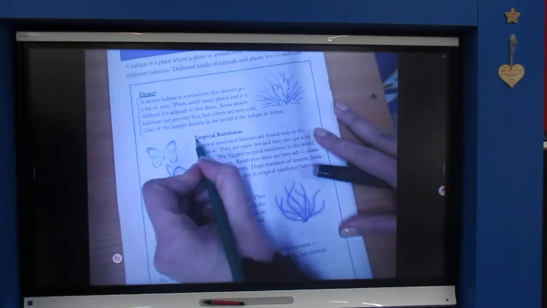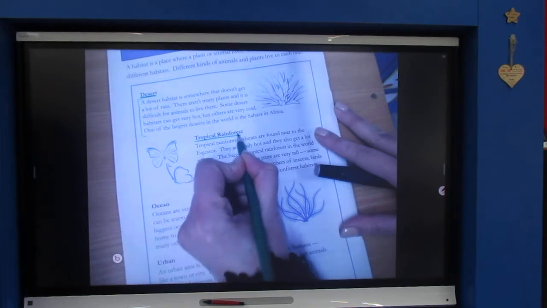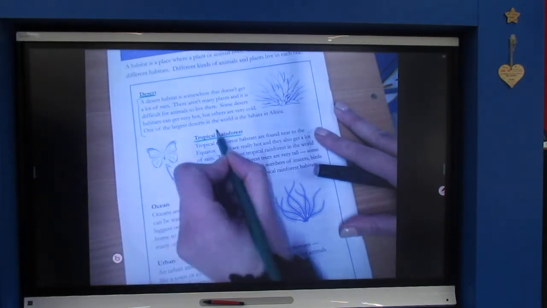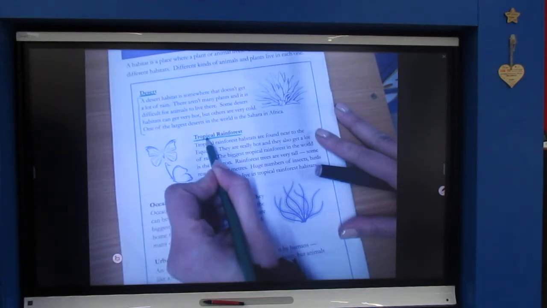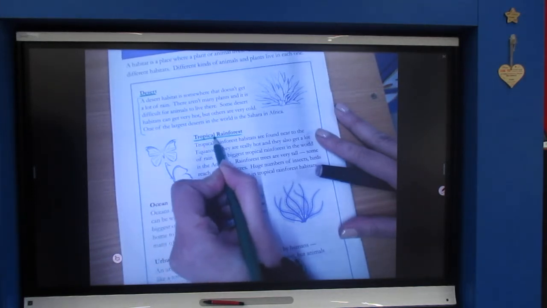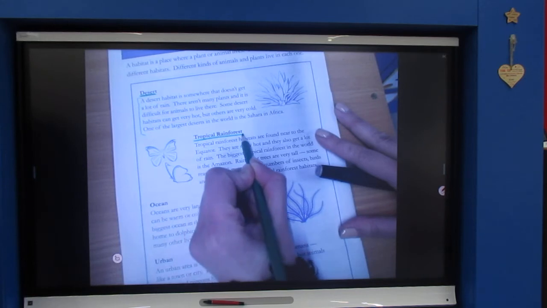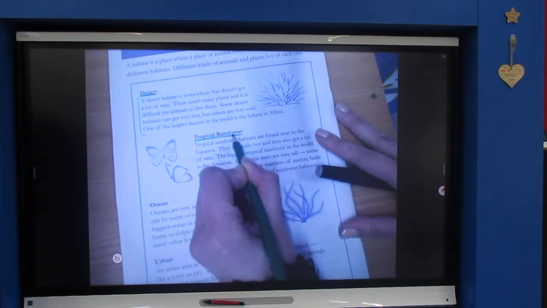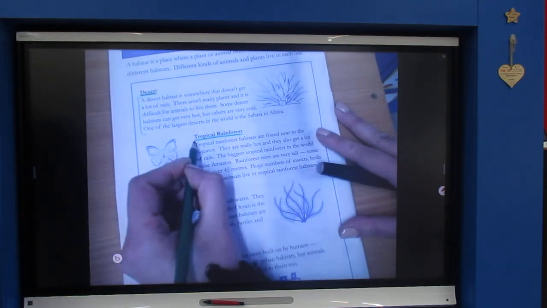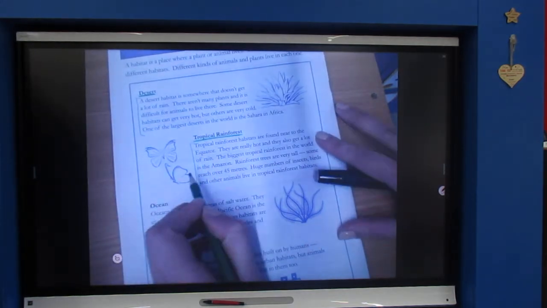I can see another subheading here, and this one is in bold again, and this one is about the tropical rainforest, and we wrote that word on the board so I've remembered how to say that. This piece of text is about the tropical rainforest.